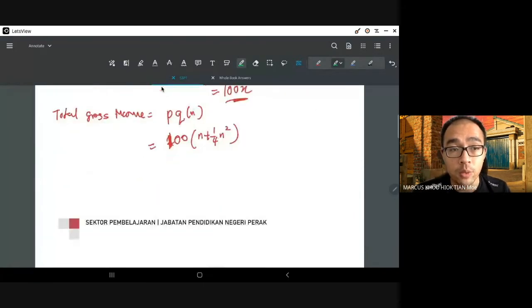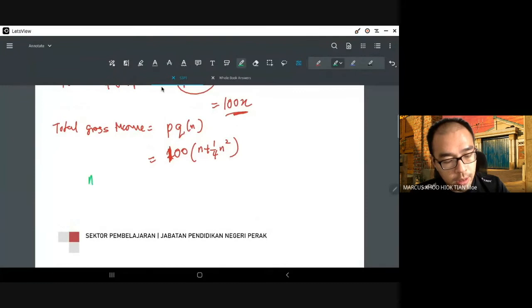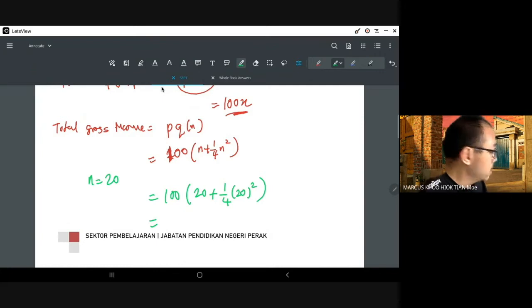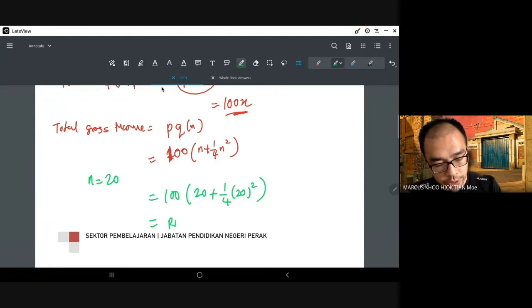Kalau n adalah 20, so the total gross income will be 100 times 20 plus 1 over 4, 20 squared, which will give us 12,000 ringgit.